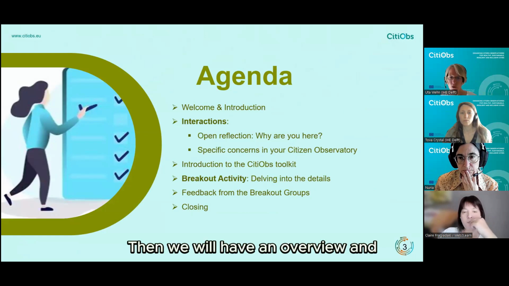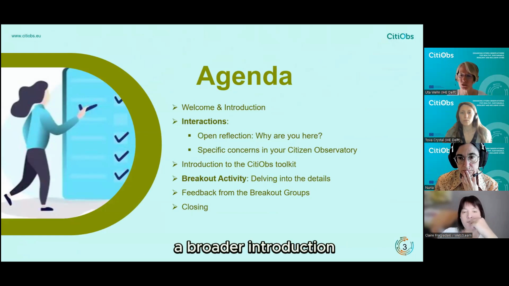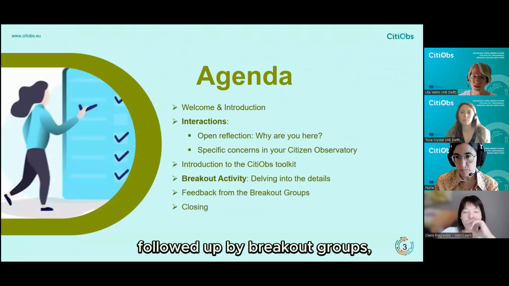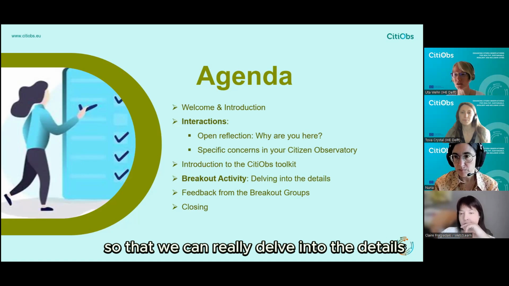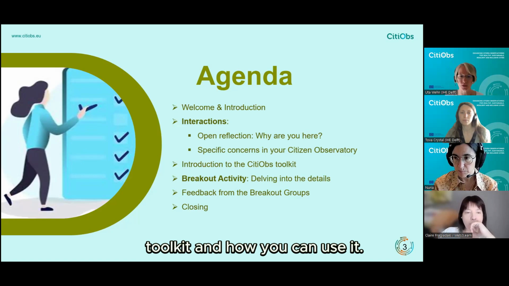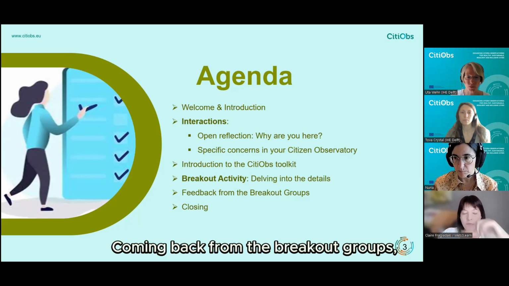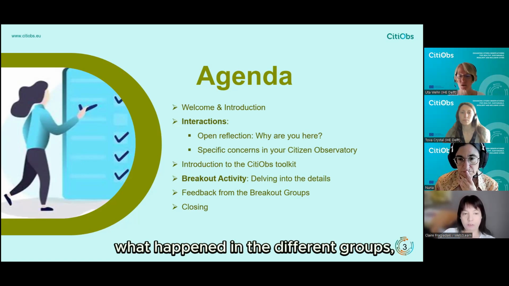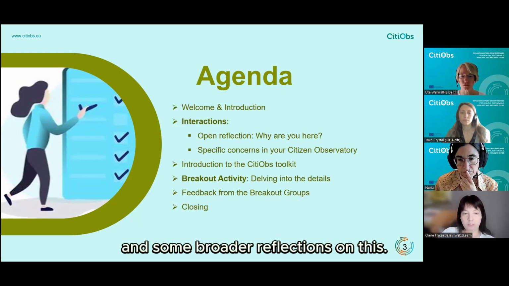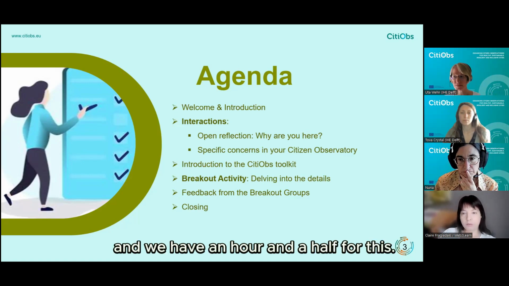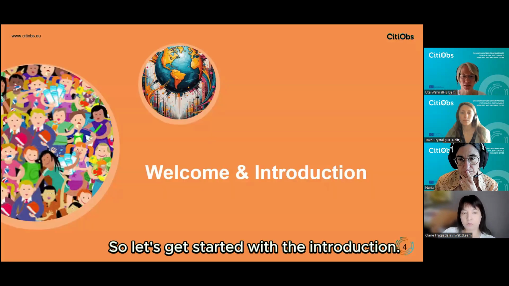Then we will have an overview and a broader introduction to what is in this participation dynamics toolkit, followed up by breakout groups so that we can really delve into the details and get acquainted with the toolkit and how you can use it. Coming back from the breakout groups, we'll have time to feedback and discuss and exchange what happened in the different groups and some broader reflections on this, and then we will close. And we have an hour and a half for this. So let's get started with the introduction.